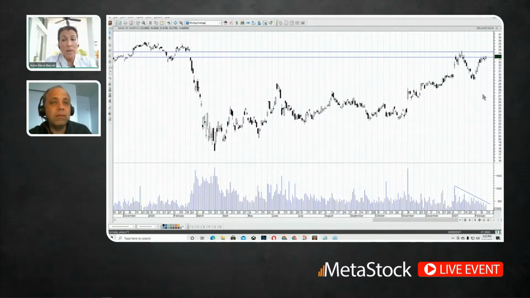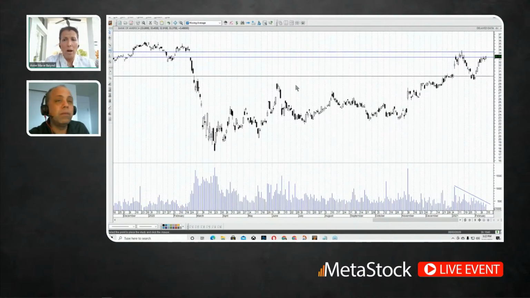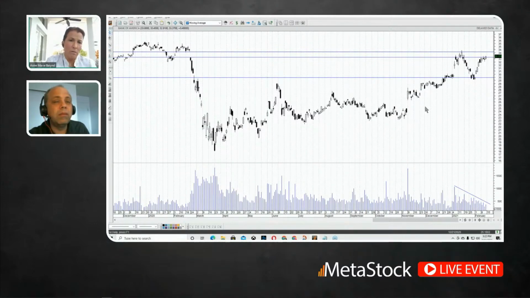And so to me, that means they're going to try and test 30 again. And that's going to be that line in the sand for them. Can they hold that region around 30? Look at how long it's taken them to get here, right? It's taken a long time.